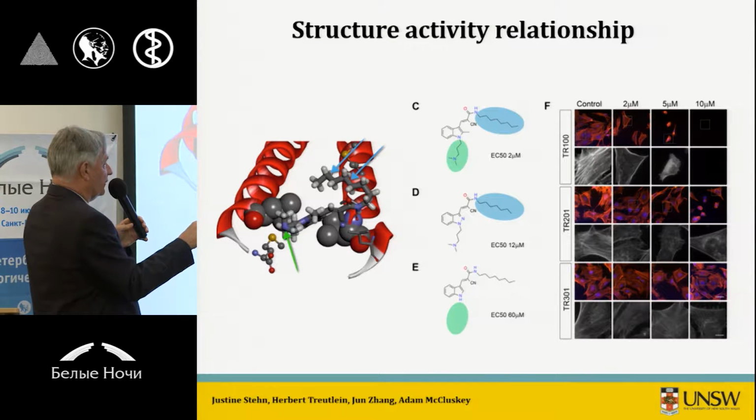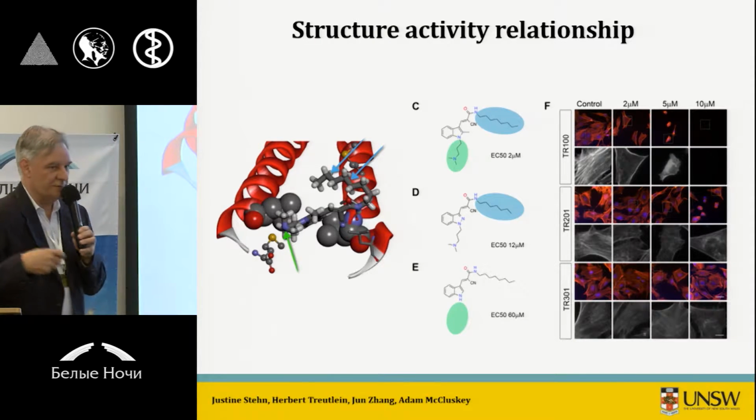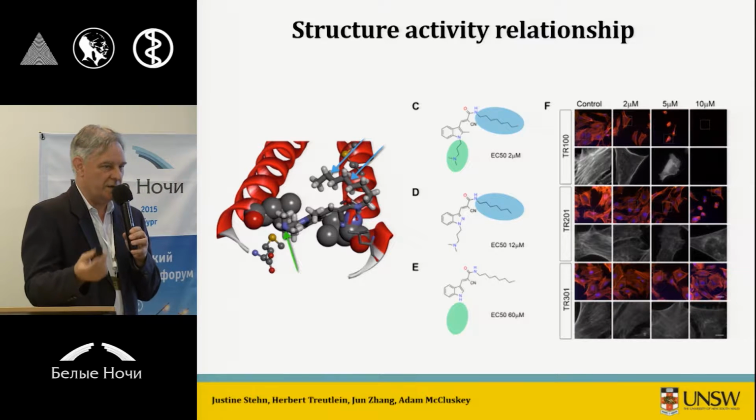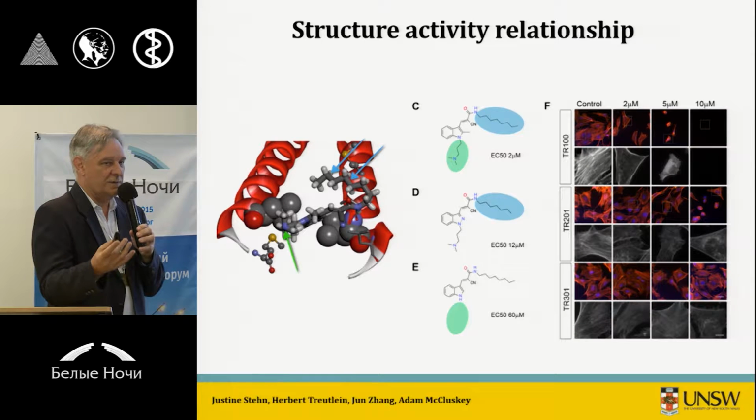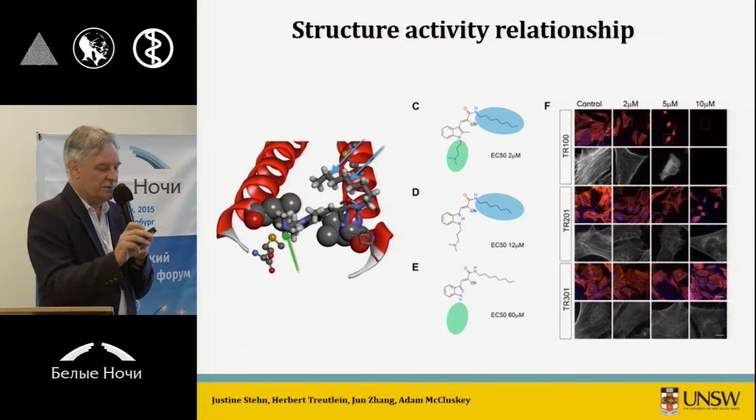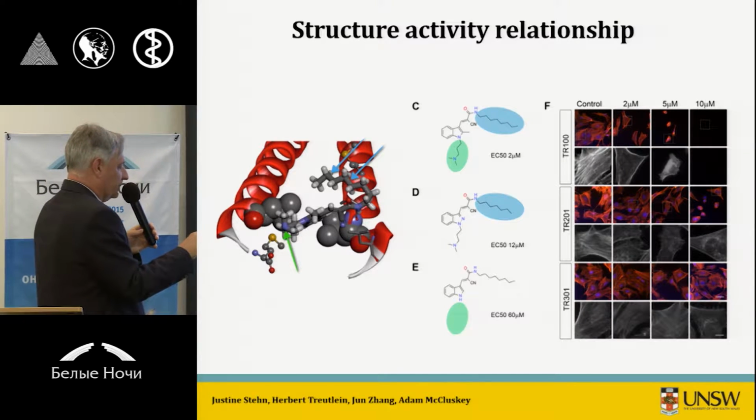Over here, what I want to show you, and this is just shown as a blow-up, is if you expose neuroblastoma cells to the drug TR100, you see as early as 2 micromolar that you're destroying the internal organisation of the cytoskeleton. So that was telling us that we had isolated a compound that had the capacity to destroy the organisation of the actin cytoskeleton.